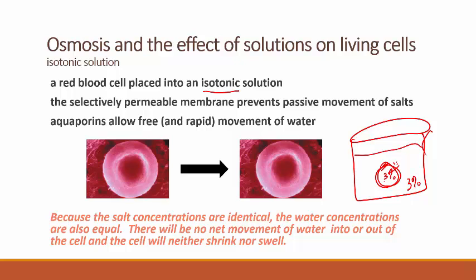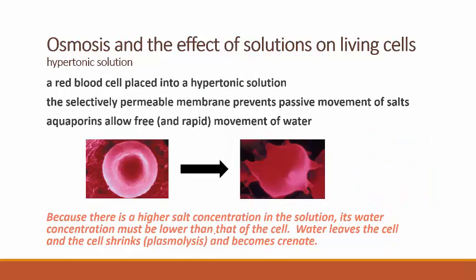But at the same time, other collisions are bumping an equal amount of water out of the cell. So there's no net movement of water. That means that the movement in and the movement out are equal, and so there is no change in the cell size. It neither shrinks nor swells.